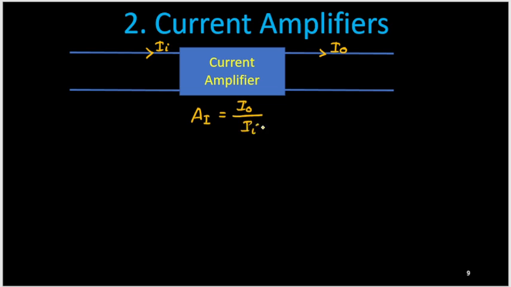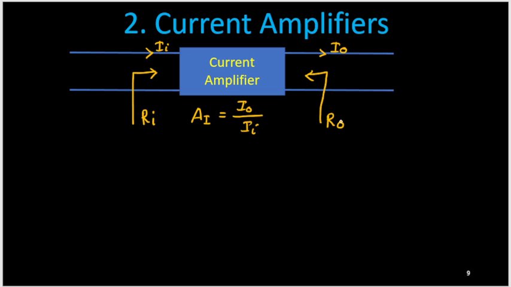These two ratio will be called the current amplifier gain, AI. Similar to the previous one, we should introduce the input resistance for this current amplifier, that is Ri, looking from the input side, and also we should have one output impedance for this current amplifier, R0.